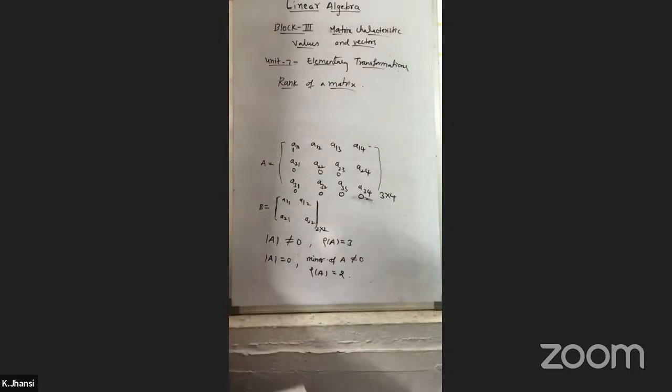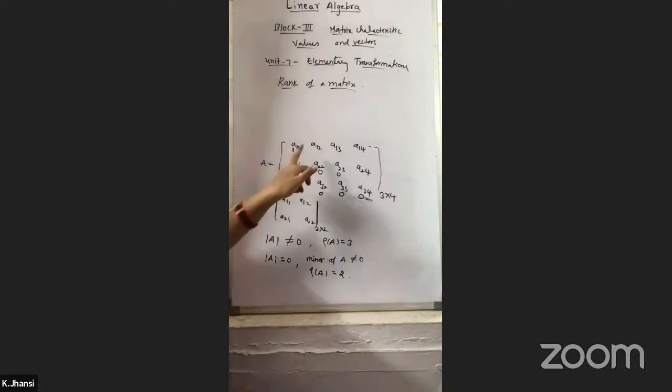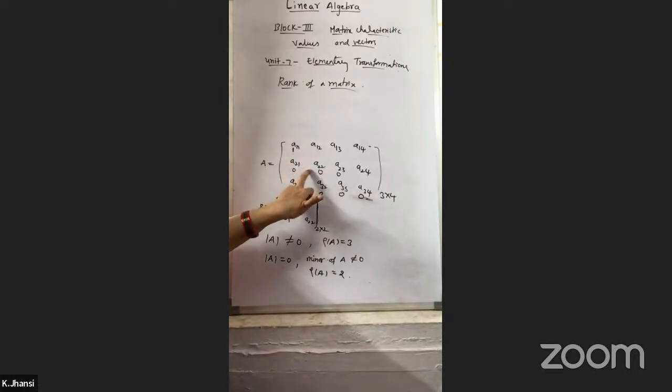On page number 75, you have the definition of elementary transformation. We call them elementary operations or elementary transformations of a matrix. We can do row elementary transformations or column transformations, and we can also combine both. If we are working with rows, we represent the first row as R1, the second row as R2, the third row as R3.